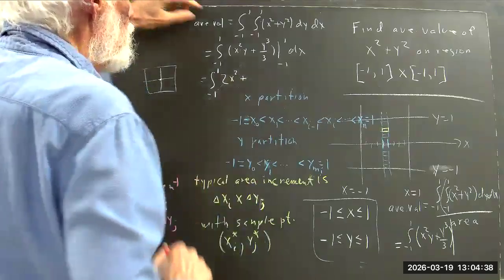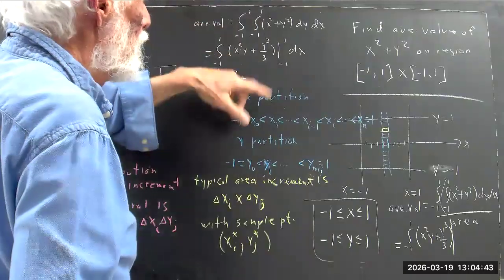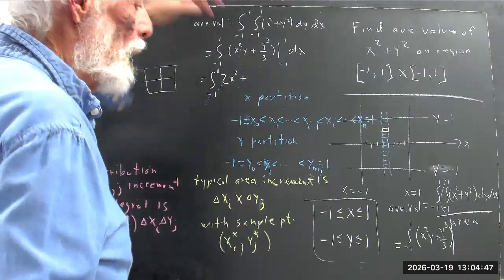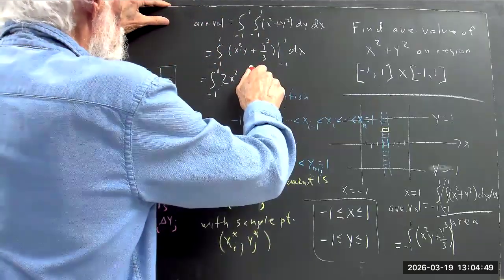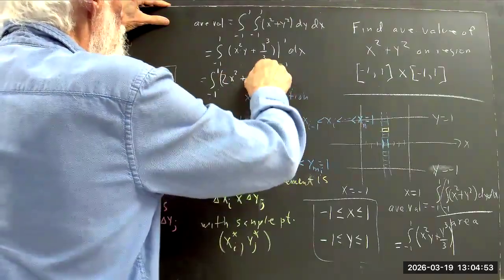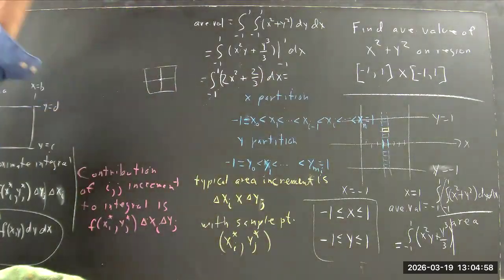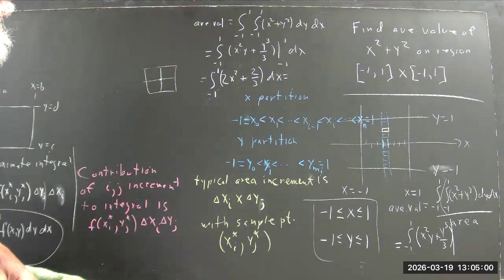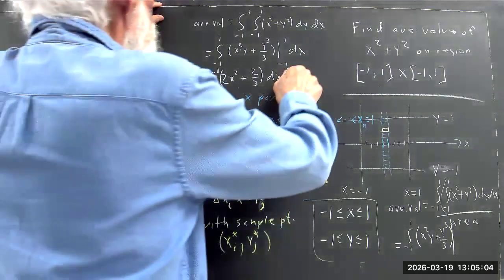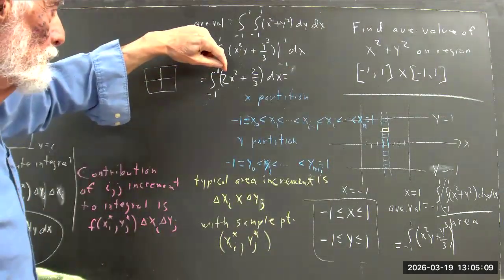plus y cubed at 1, you get 1/3. And at -1, you get minus 1/3. If you do 1/3 minus -1/3, you get 2/3. And that's with respect to x. Then you integrate with respect to x.